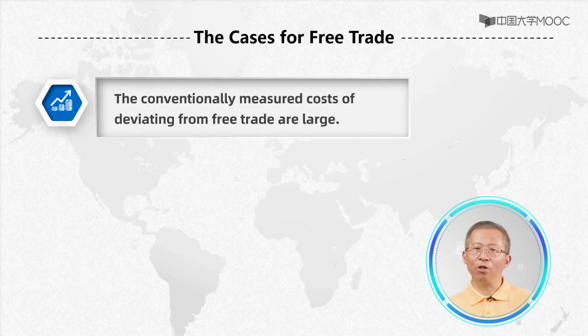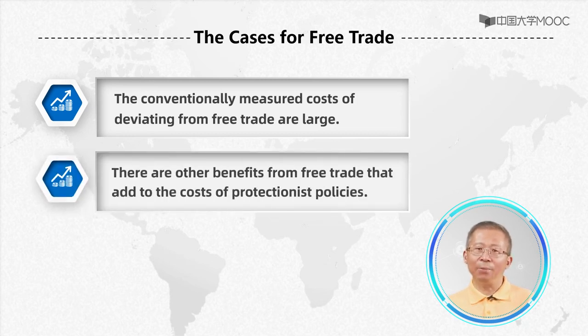The arguments outlined in the previous section probably represent the standard view of most international economists, at least those in the United States. One, the conventionally measured costs of deviating from free trade are large. Two, there are other benefits from free trade that add to the cost of protectionist policies.